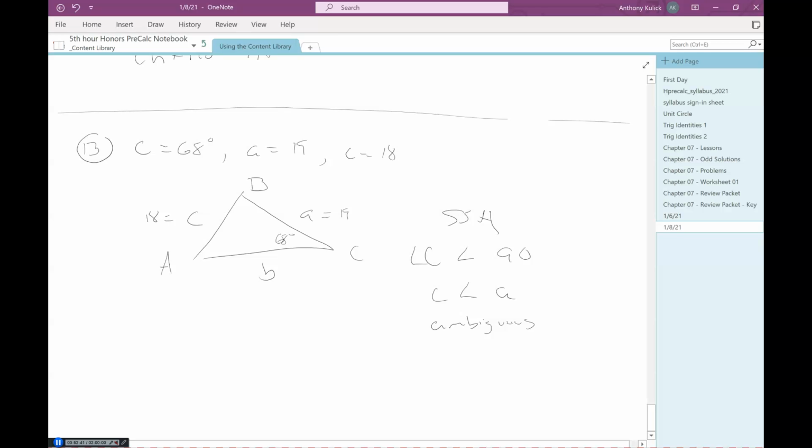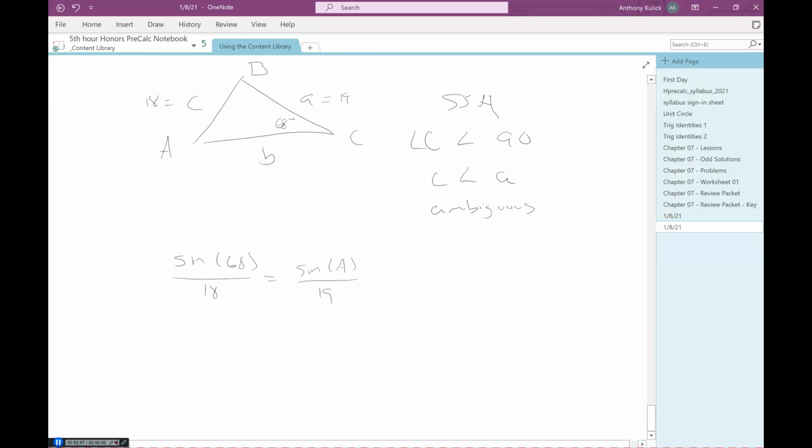To tell whether we have 1, 2, or 0 triangles, we're going to do sine of C over C equals sine of A over side A. So I'm just going to set up a law of sines with the information that I have.